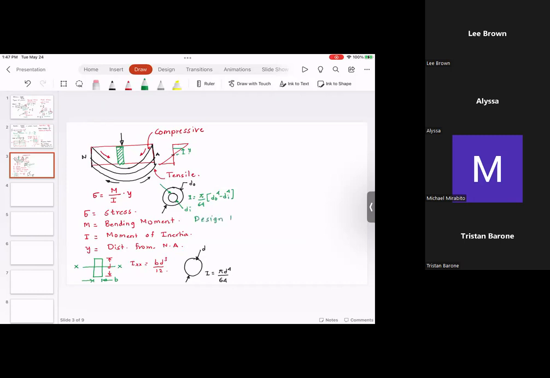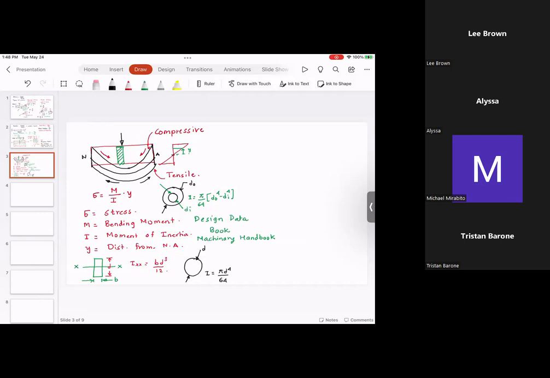Design data book or machinery's handbook. They will have a lot of this design data given to us.